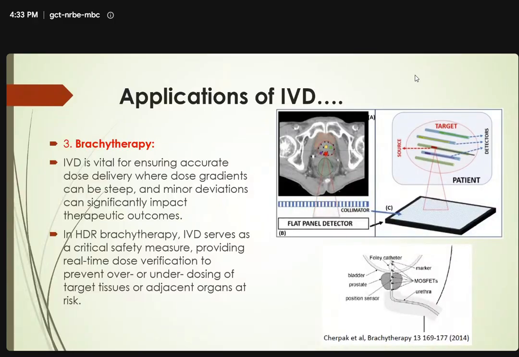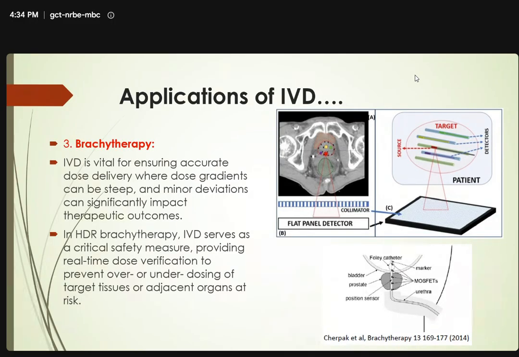So, there are two pictures actually. First picture is showing a patient having this brachytherapy procedure, and the signal from the source is received by a flat panel detector, and this is received and analyzed by the planner.